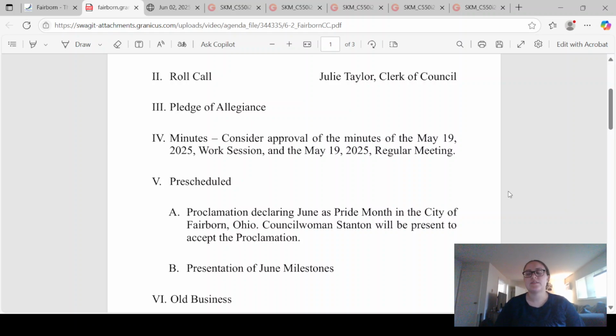So if someone has a family emergency and they're not able to make it, that gets acknowledged, and the council votes to accept the excuse essentially.